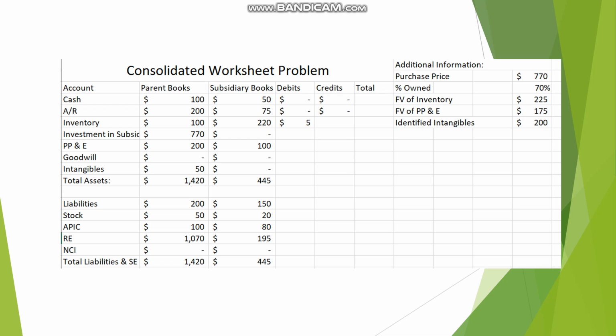And as you can see by the additional information shown, the reason that we are increasing inventory here is because it says that the fair value of the subsidiary's inventory is $225, whereas in the subsidiary's books it says that they only have $220. So we need to debit that $5 to get that up to the fair value.